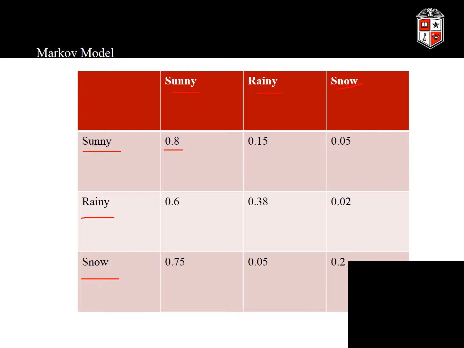So this transition matrix is called the transition probability, which tells us what will be the probability of a particular state with the assumption of knowing the current state that we are in at this time.